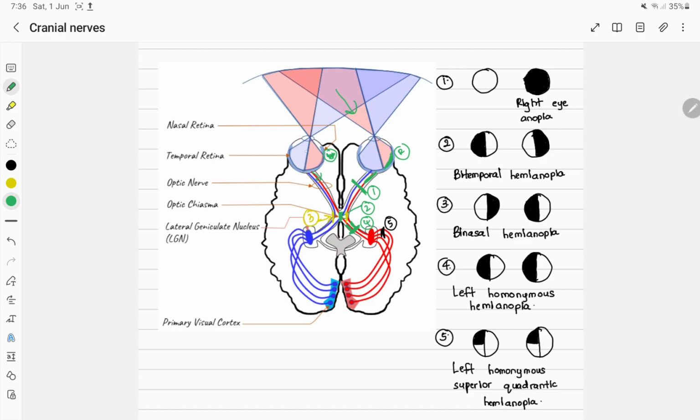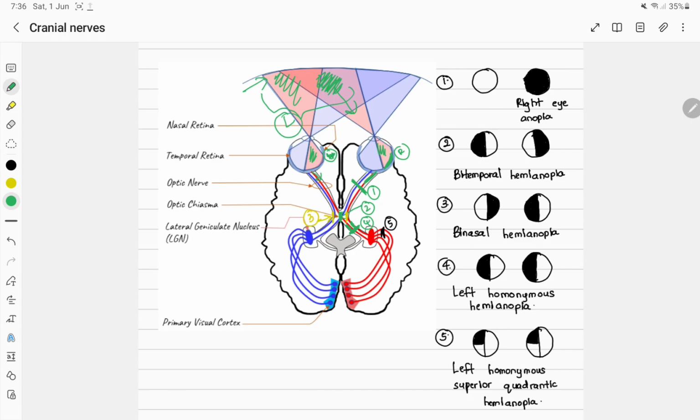But in the visual field you can see these fibers and these fibers coming from this side and this side. That means left-sided. Here is the left-sided temporal visual field and here is the left-sided nasal visual field.